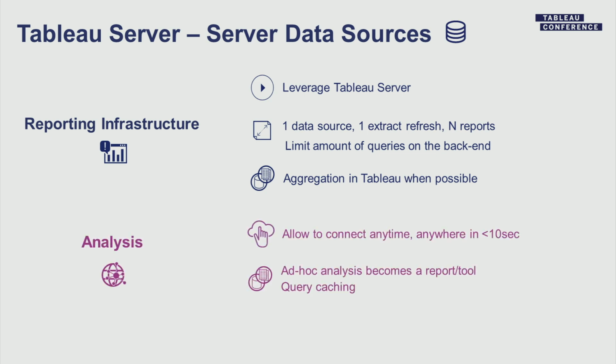And then the analysis, the idea, so going back to what we were mentioning, financial market, we need to be able to connect to data extremely fast. We need to be able to answer questions quickly. So the idea is we can connect to any source of data in 3 clicks. You just open Tableau, you go data, new data connection, Tableau Server, and then you have a list of, for example, 200 different data sources, some of them live, some of them extract.